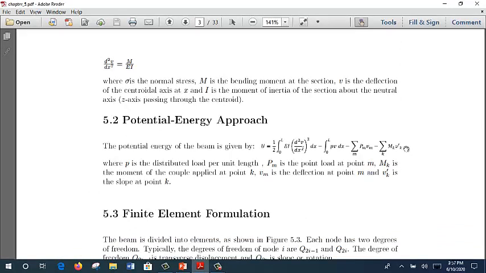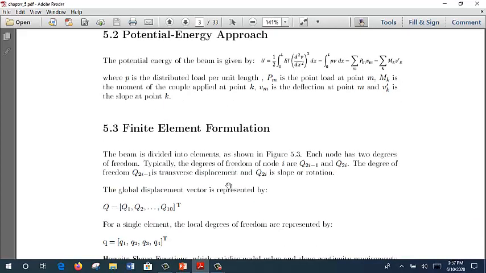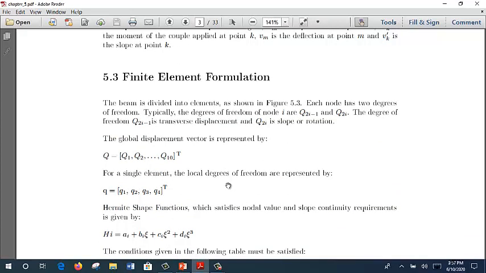So that is the governing equation for the Galerkin approach, right? So in order to solve the energy approach in the system, we continue to the next section.